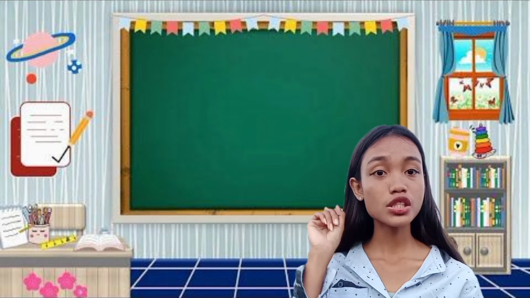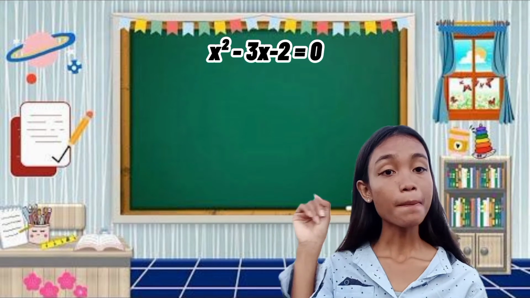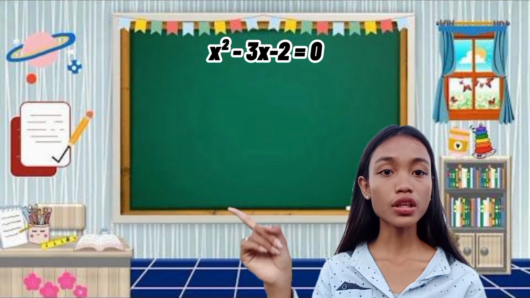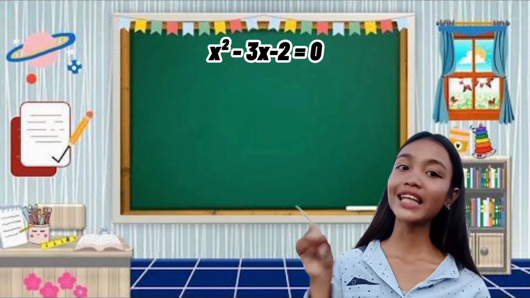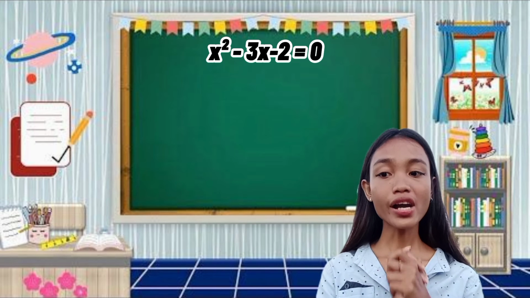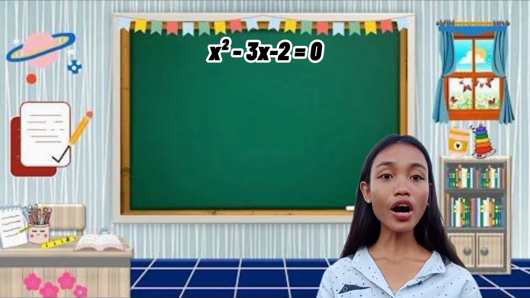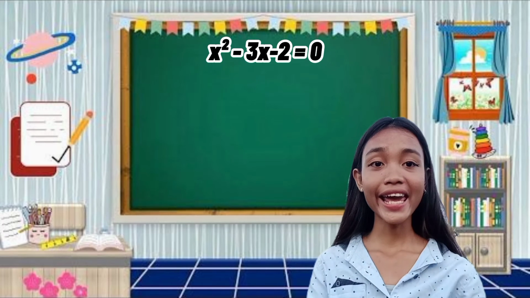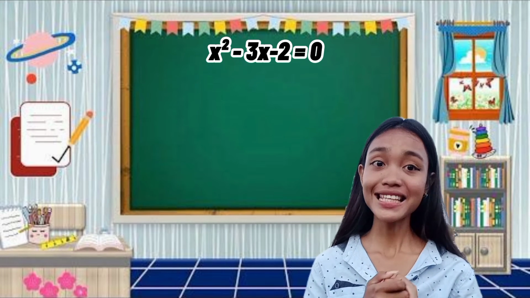So our a is 1 and our b is negative 3 and our c is negative 2. Then we are ready to substitute the values into our formula. So substitute the values of a, b, and c.